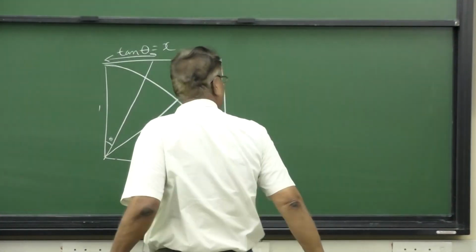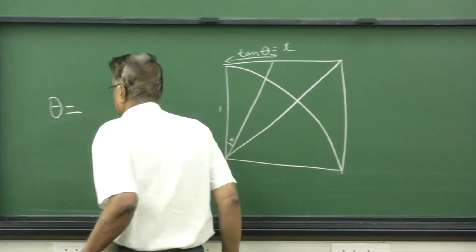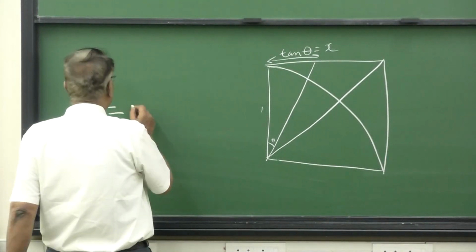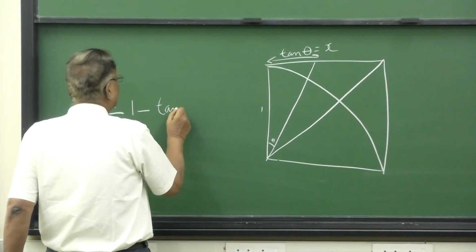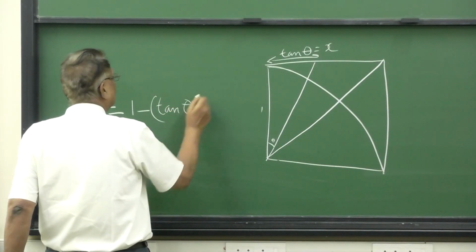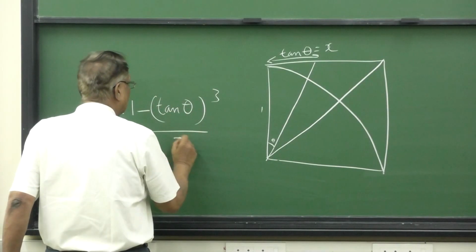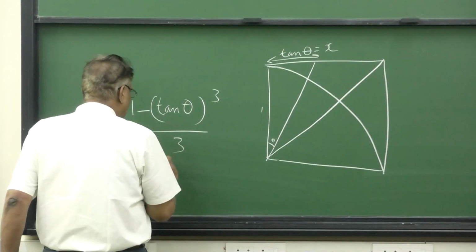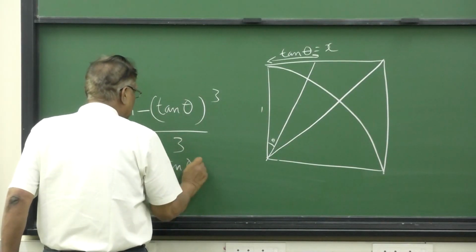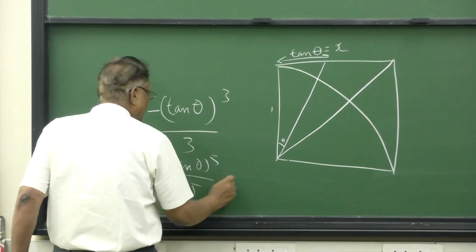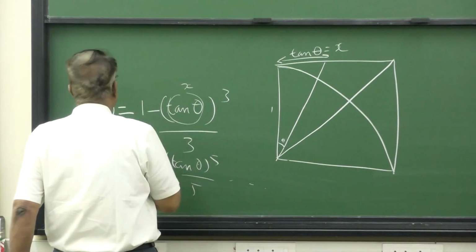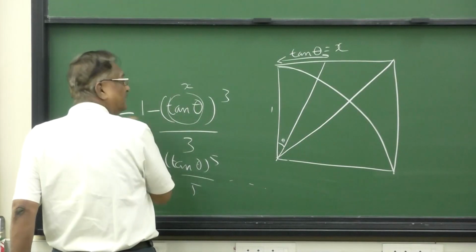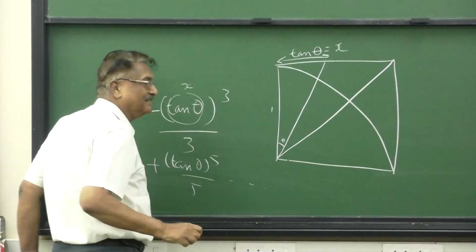Okay. So, what you get is theta is equal to 1 minus etc. So, now you put tan theta is equal to x.